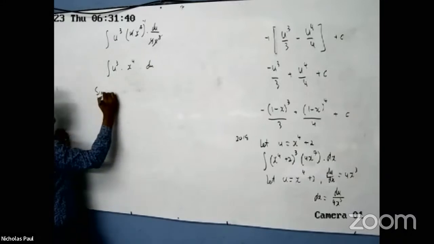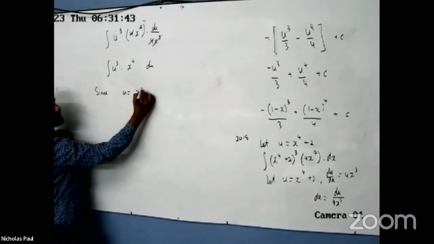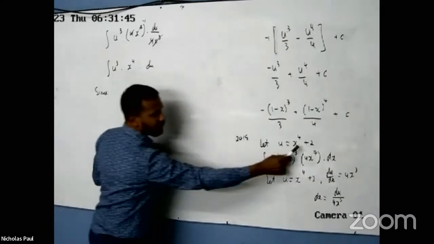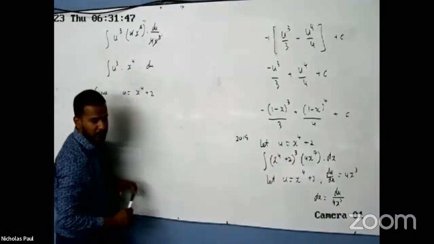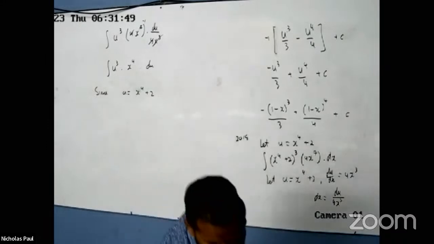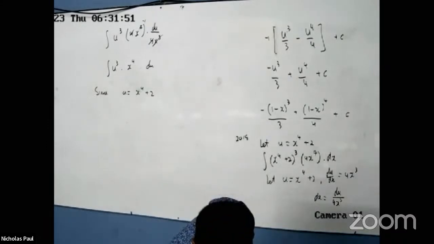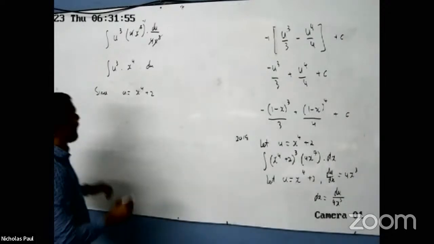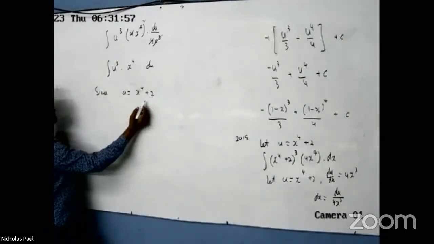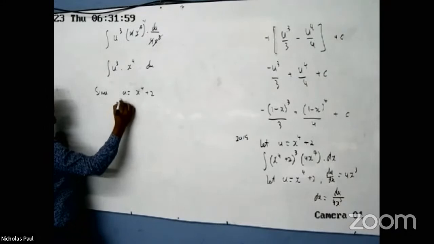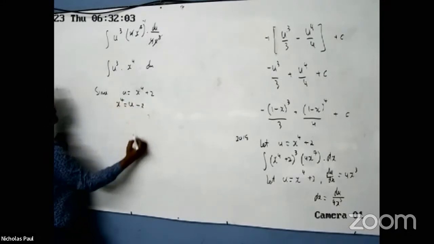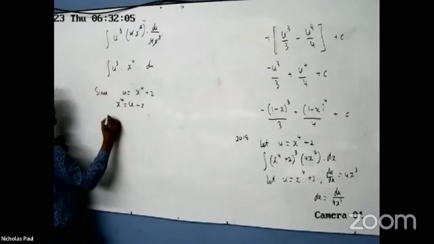So we know that since u is x to the 4th plus 2, it means that x to the 4th is u minus 2. So I can make a substitution here.